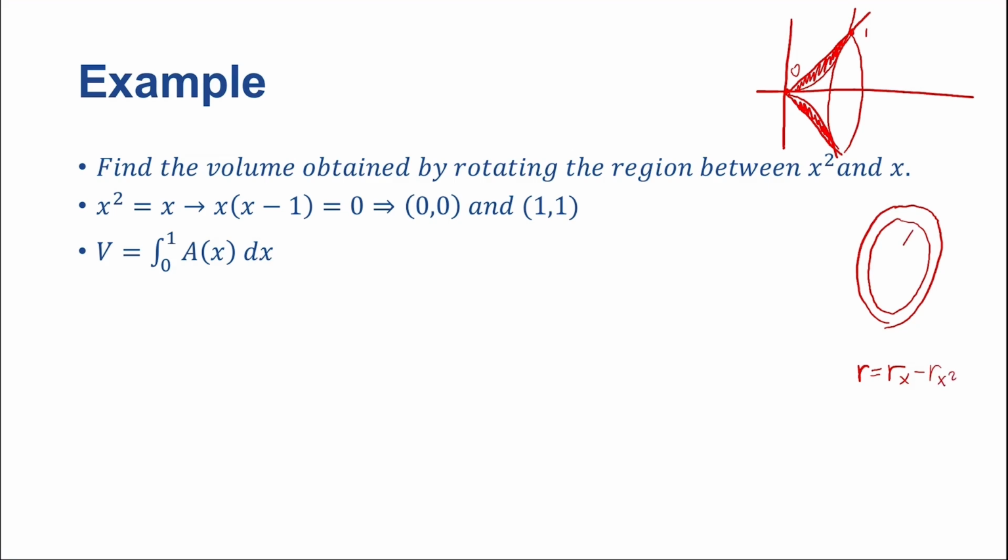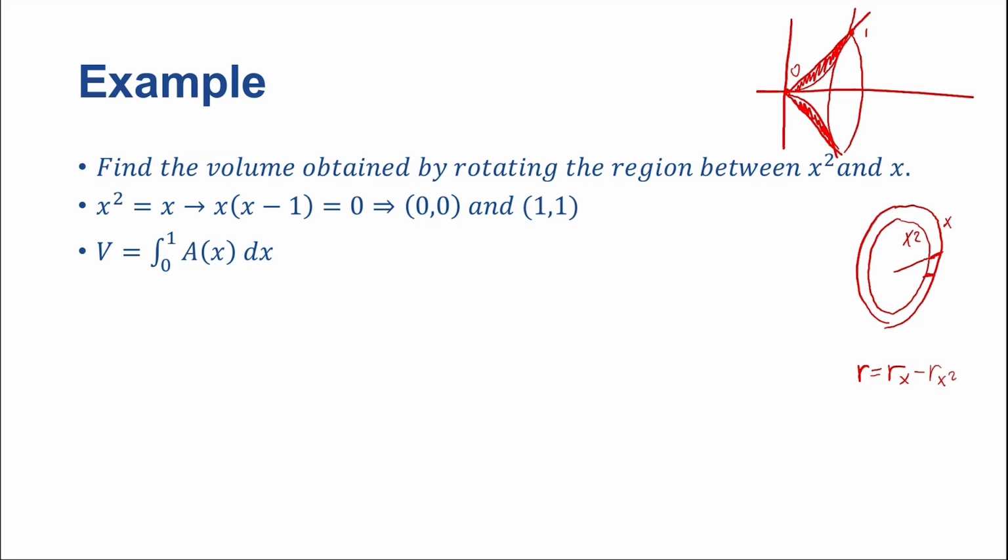Because if this is our x squared and this is our x, then our radius is going to be equal to this little thing in here.